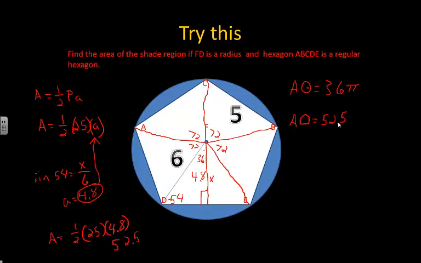Now I have to do 36 times pi, which is around 113, and I subtract the area of the pentagon, which is around 61. So there I've found the area of the shaded region.